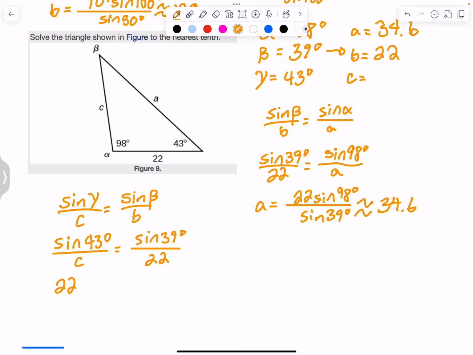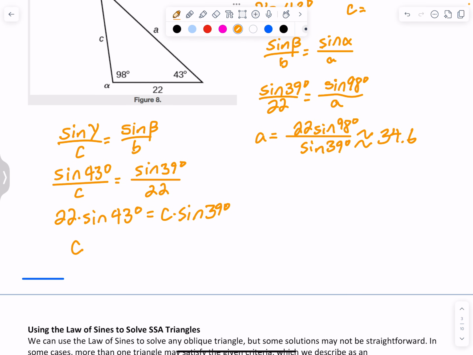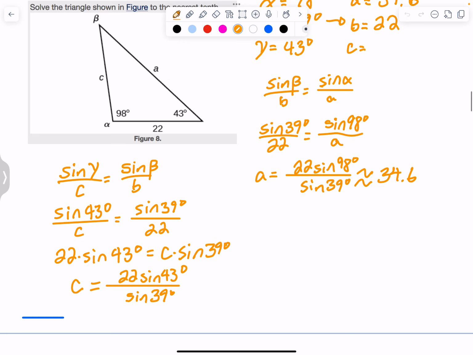So we get 22 times sine of 43 degrees equals C times sine of 39 degrees. I don't know why I decided to do this one, but here we are. And then I divide both sides, so I get C is equal to 22 sine 43 degrees, over sine of 39 degrees. And that's going to give us a number.